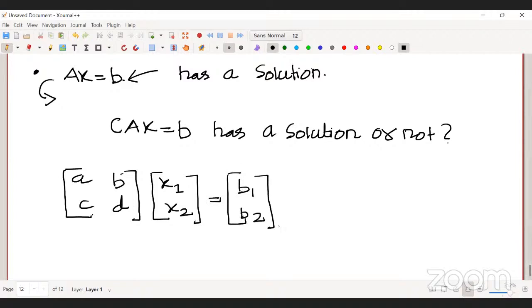Saying this has a solution means it has some solution. Let's say alpha, beta. This is a solution of this system.